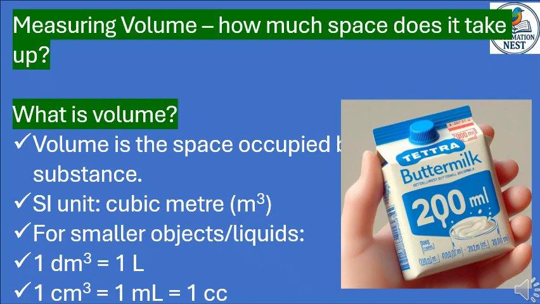The term cc stands for cubic centimeter and it is still used in medical prescriptions and engine sizes. So yes, your bike's engine and your cough syrup bottle speak the same language.